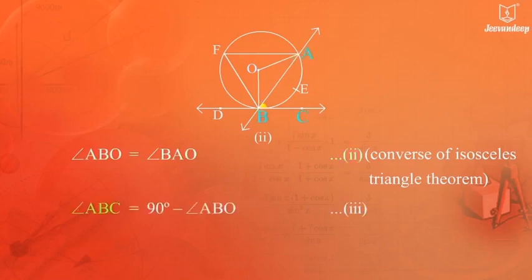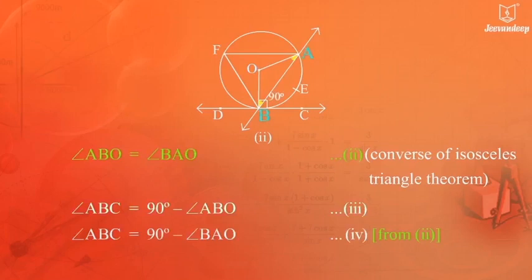Angle ABC equals 90 degrees minus angle ABO. Equation 3. From equation 2, we get angle ABC equals 90 degrees minus angle BAO. Equation 4.